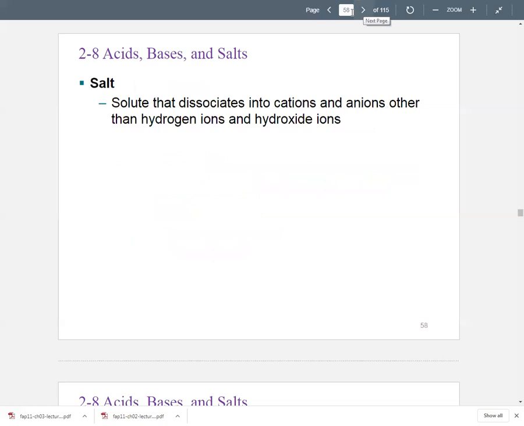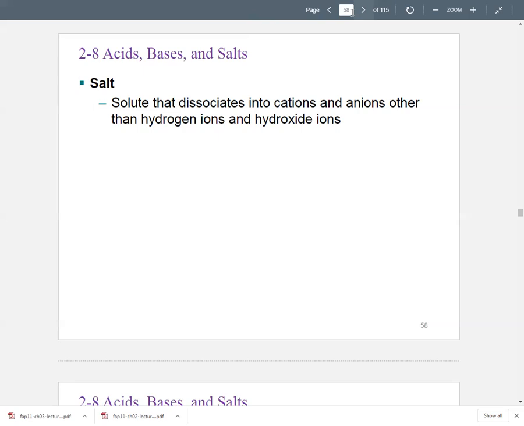Okay, salts, these are solutes. Remember, these are things that dissolve in solution. They dissociate into cations, those are positively charged ions, and anions, which are negatively charged ions. And these are other than hydrogen ions and hydroxide ions. So lots of vocabulary words in this sentence. Like when we say salt, we think of sodium chloride.